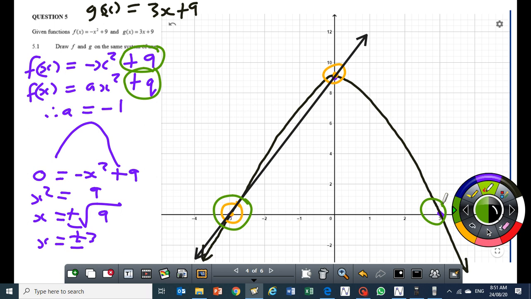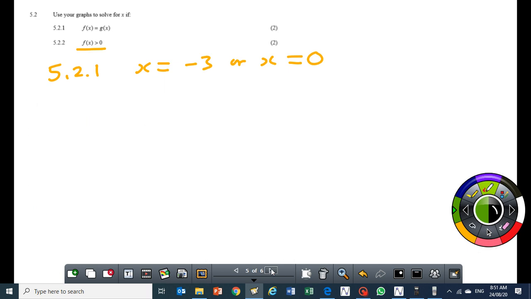So, we want the values of x from here up to positive 3. So your answer will be, if x is between minus 3 and 3, the y values are positive. That's your answer. It's an inequality.